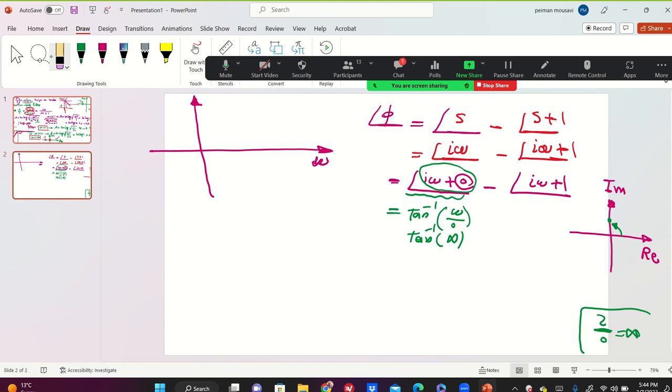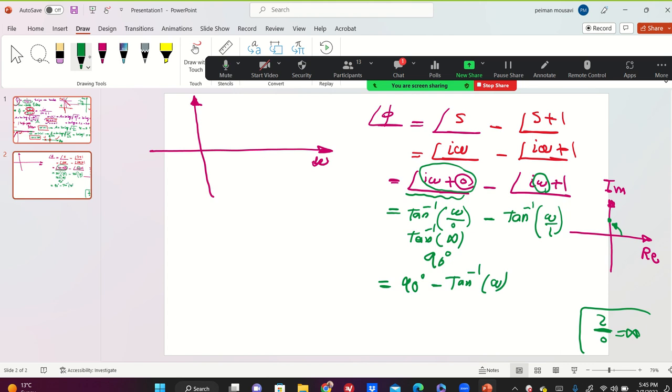So it's 90 degrees, a huge large number. 90 minus tangent inverse of omega divided by 1, imaginary part divided by real part. So the phase angle of the high pass filter is 90 degrees minus tangent inverse of omega.